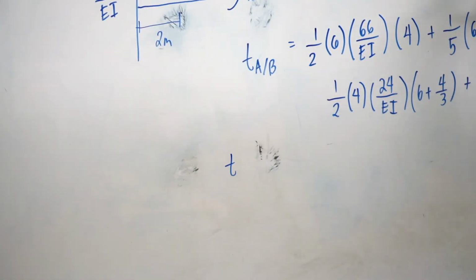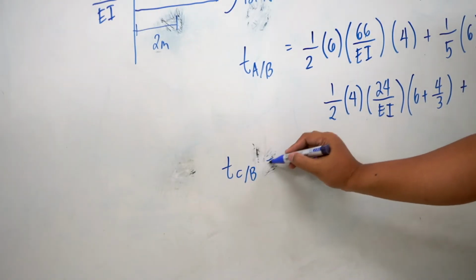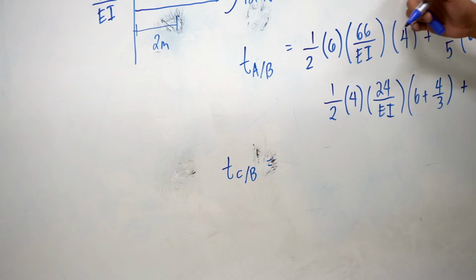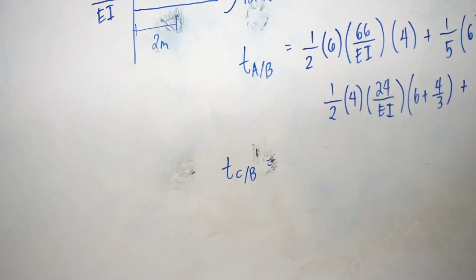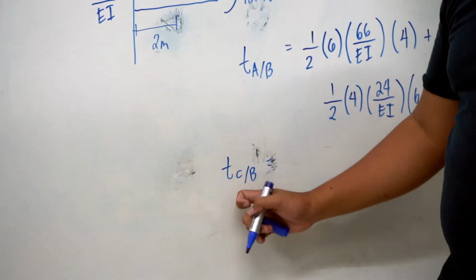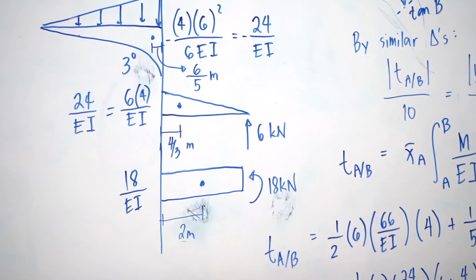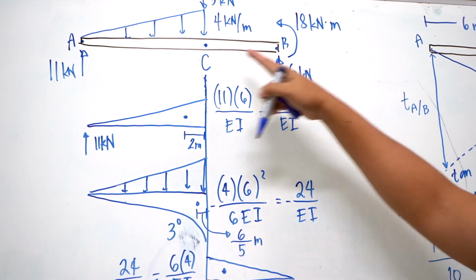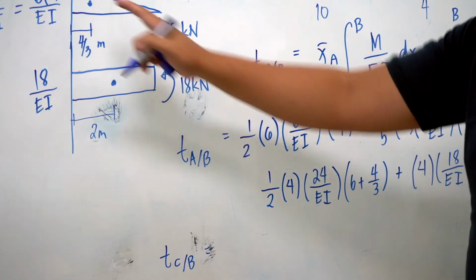Okay? And then similarly, we need T of C with respect to B. Using the same formula, but this time, instead of measuring the centroids with respect to A, we'll measure all the centroids with respect to C. And we will only consider all areas between B and C. Those areas between B and C are these two. Let's start at this area.